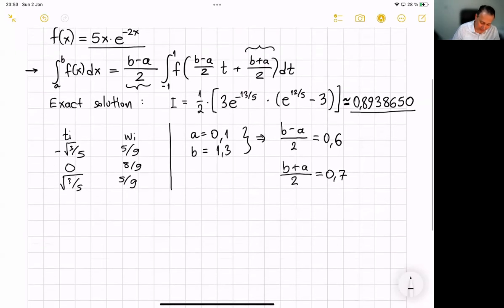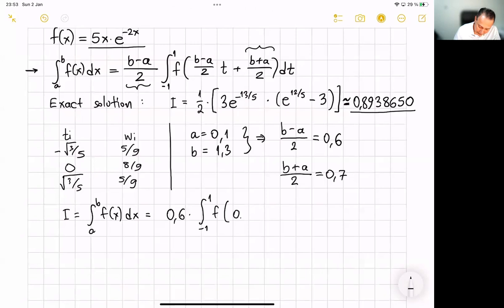So I can write now that my integral, the one that I want to find, from a to b of f(x) dx, is equal to b minus a divided by 2, which is 0.6, times the integral from -1 to 1 of this function now, f(0.6t plus 0.7).